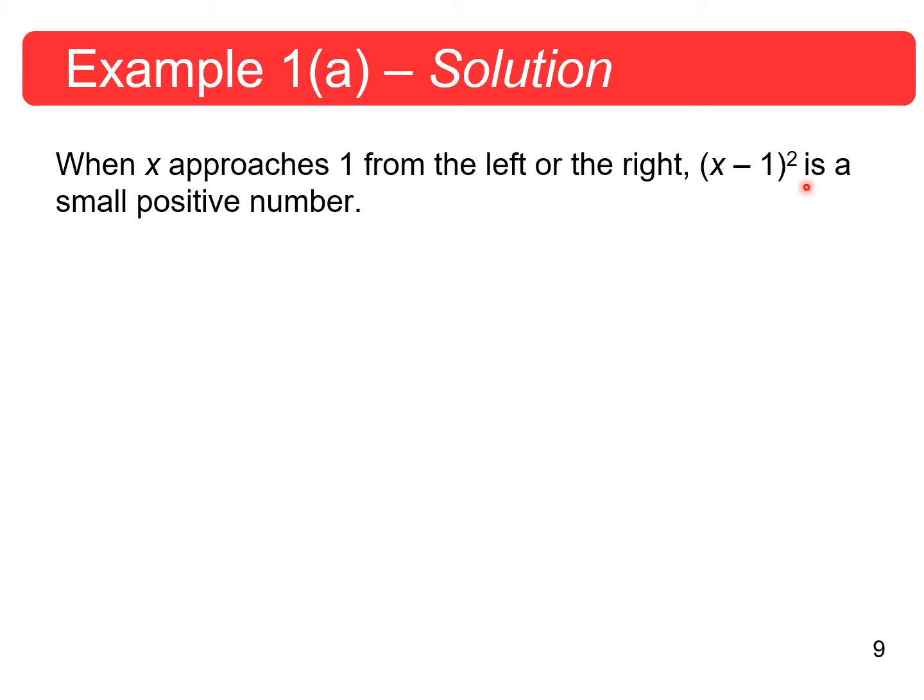It will always be positive because of the square here. Similarly, if I have a value of x from the right, say 1.1, then 1.1 minus 1 is 0.1, and when you square that, it's still a small positive number.